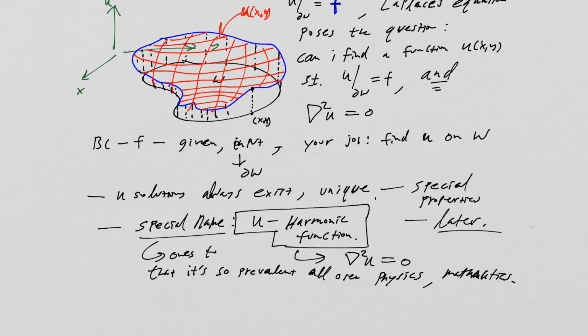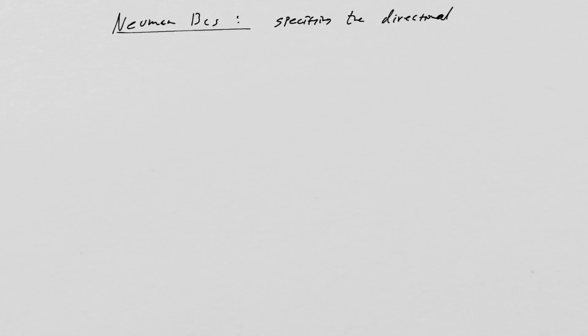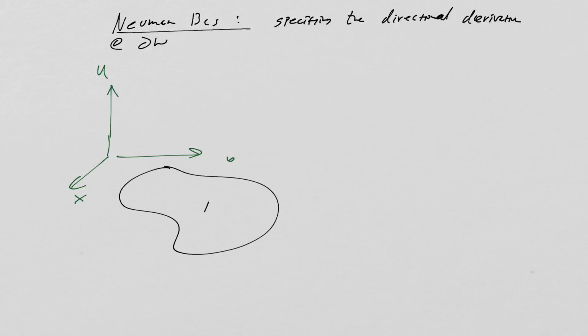Okay, so I want to talk a little bit more about that other boundary condition, so Neumann boundary conditions. All you're doing is specifying the directional derivative at the boundary. So just like before, you can put yourself in 3 dimensions, and you have some set W, and you have some boundary.